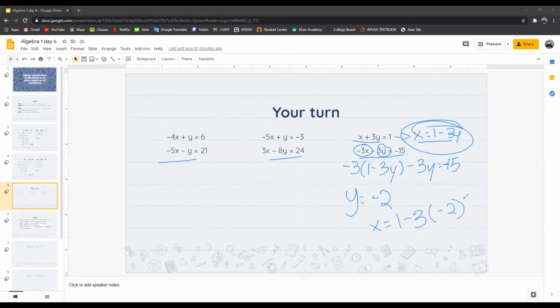And now we will combine everything. So -3 times -2 equals to -6 plus 1.